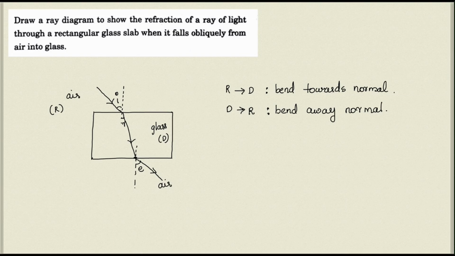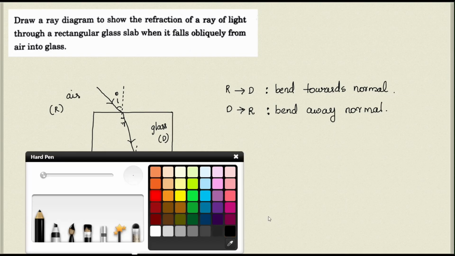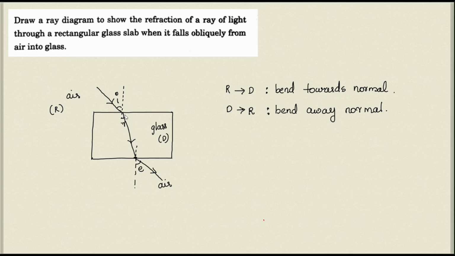Along with that, don't forget to mark the lateral displacement, because lateral displacement means what? It is the shift that happened to the emergent ray with respect to the incident ray. So we know that the incident ray should have gone in this straight line path, these red dotted lines. But it has shifted from its actual path.